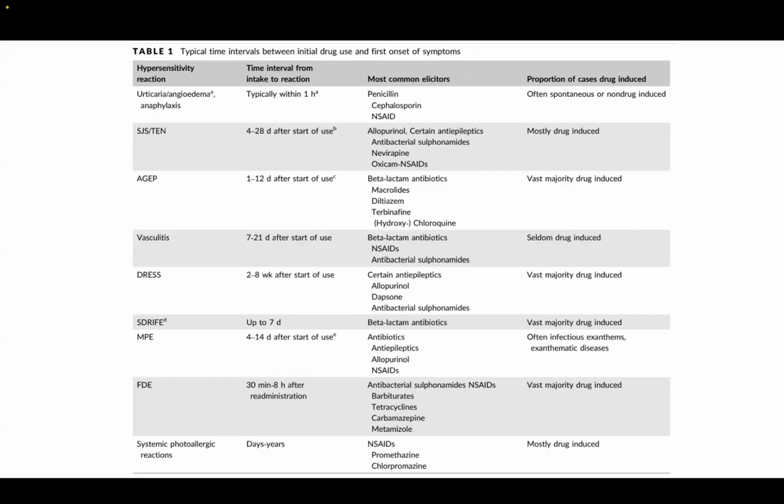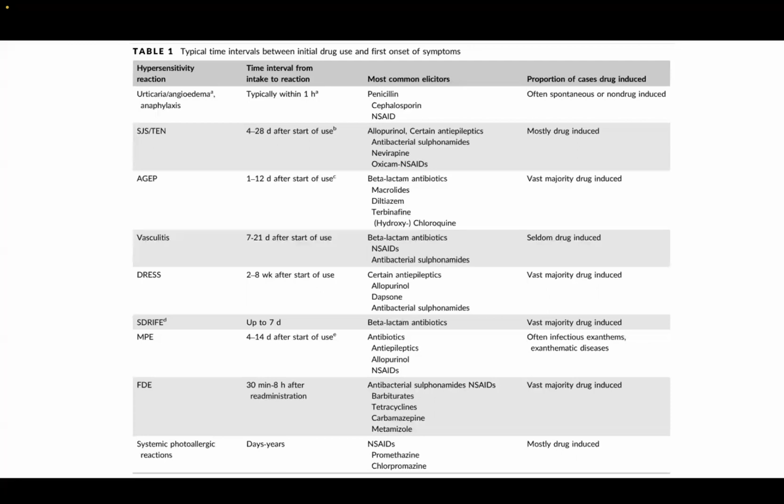Vasculitis usually has a latency period of 7 to 21 days after starting the medication. Common culprits are beta-lactam antibiotics, NSAIDs, and antibacterial sulfonamides. It could be drug-induced, but also keep in mind when you see vasculitis in your patient that differential diagnoses are there.